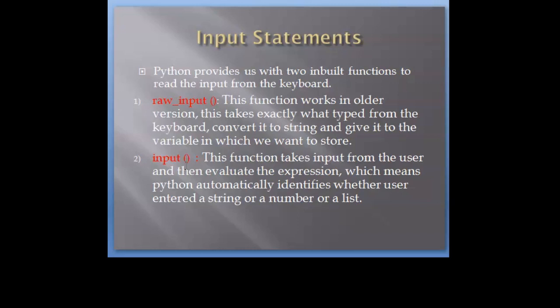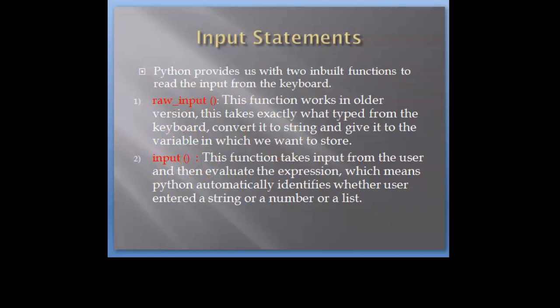So what is that? In raw_input, whatever the user enters, it takes it as a string and stores it in the variable where it is assigned. Whatever we input, like a equal to 2, it will consider it a string. But in the newer version, the input function, it evaluates the input.